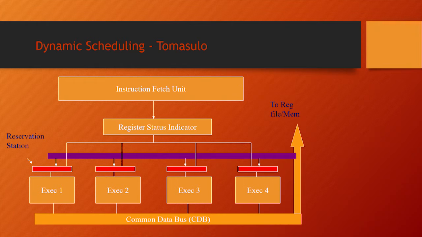So these two things happen in parallel. I send something to the register file or the memory saying this operation is over. Before this actually reaches the register file or the memory, the data also gets populated back in some of these reservation stations if there is a need.